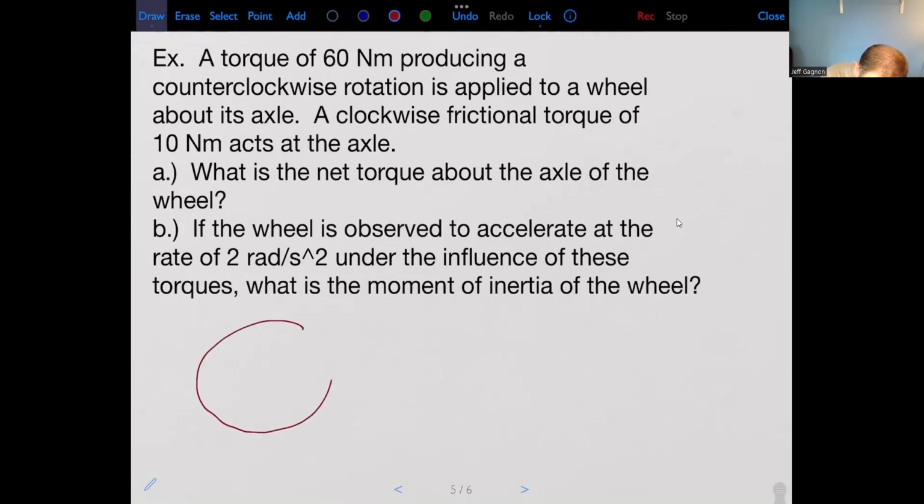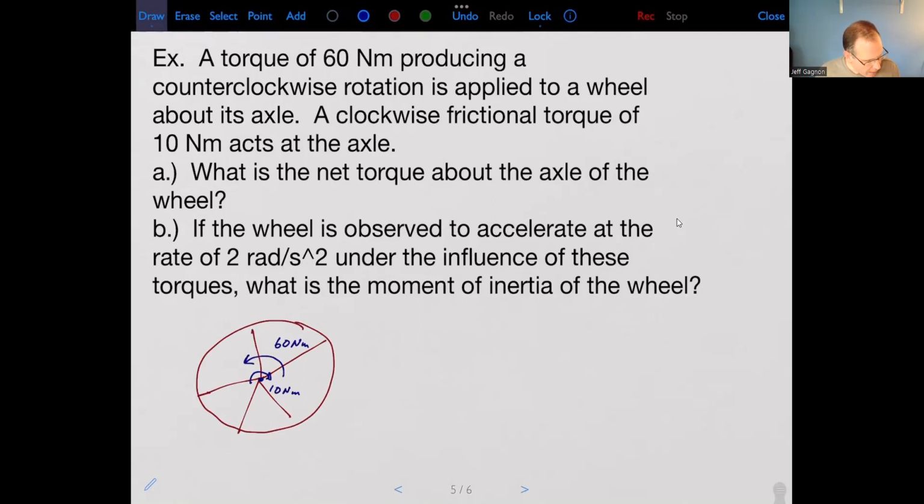I'll just draw some spokes in here. And I'll draw the torque as an arrow. We have a counterclockwise torque of 60 Newton meters. And then because of friction, we have a clockwise torque that's resisting the motion of 10 Newton meters.